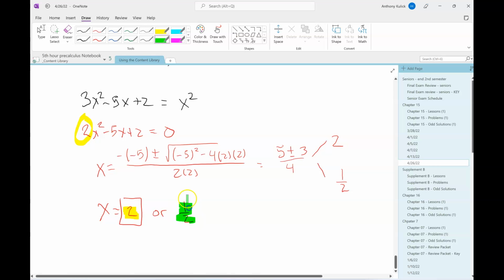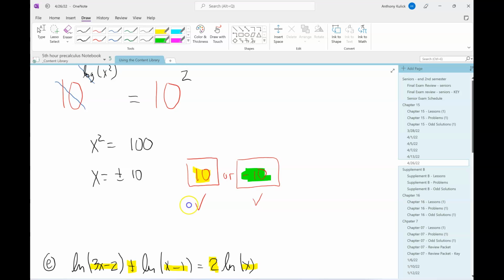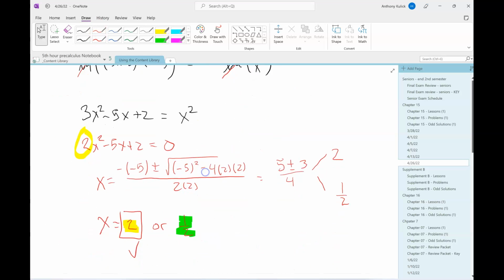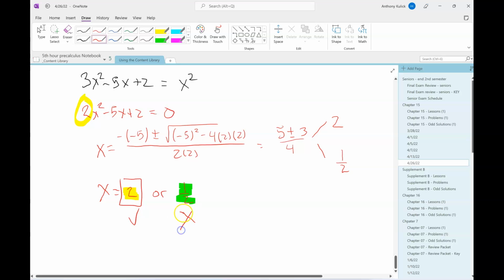Let's try the 1/2. Oops. 3 times 1/2 minus 2, negative. I don't care what happens after that. As soon as I get one of them that doesn't work, I'm going to toss it out. That is extraneous. So I just get the one solution, 2.